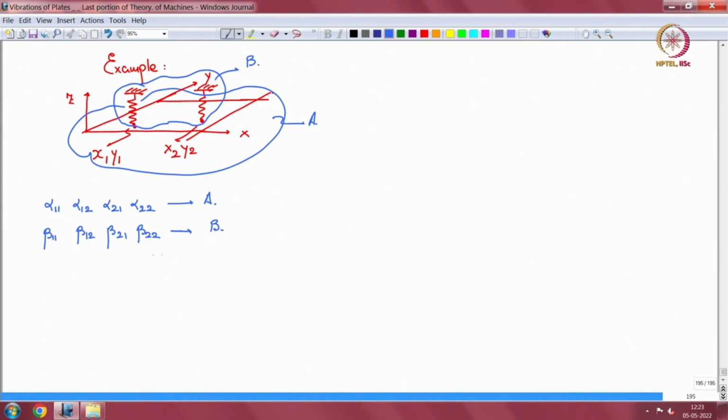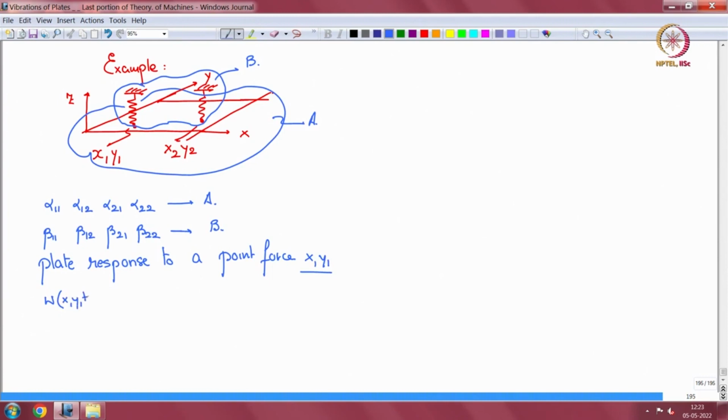So without restarting the whole thing, the plate response to a point force, okay. So let's say point force at x1 y1. What is the plate response?